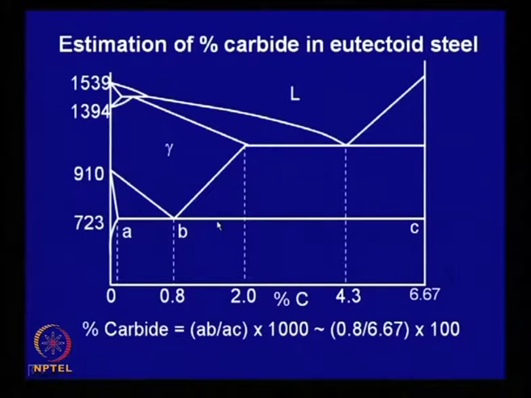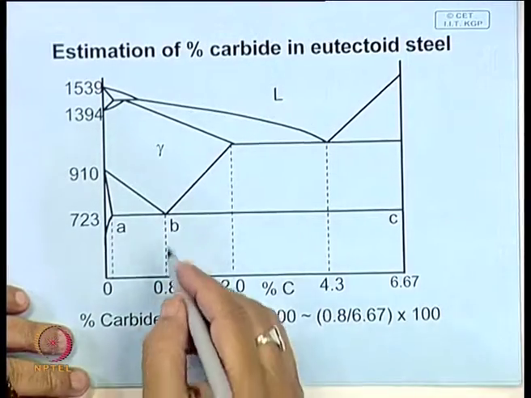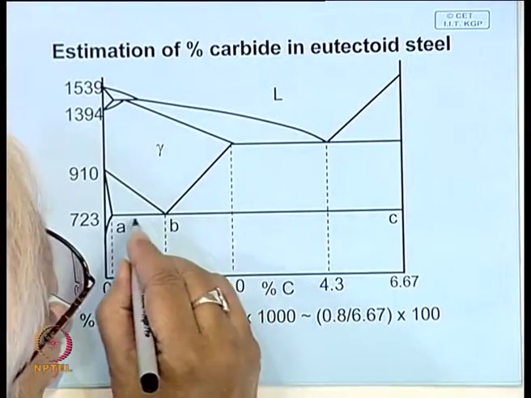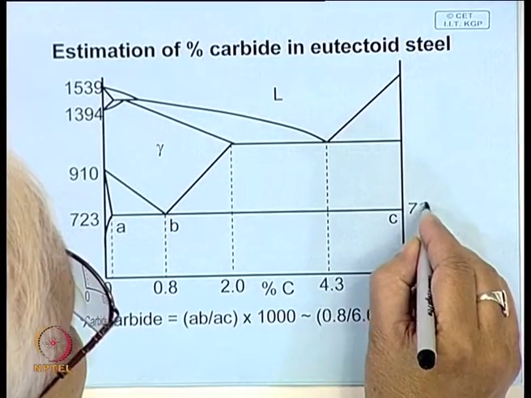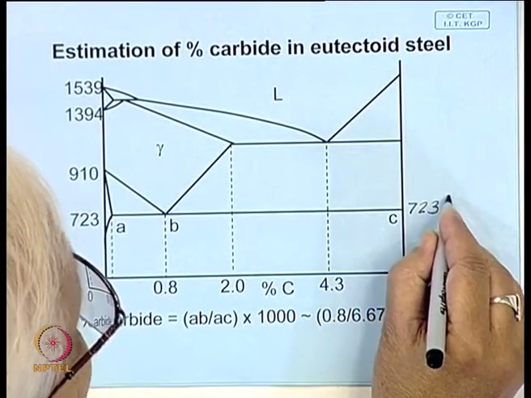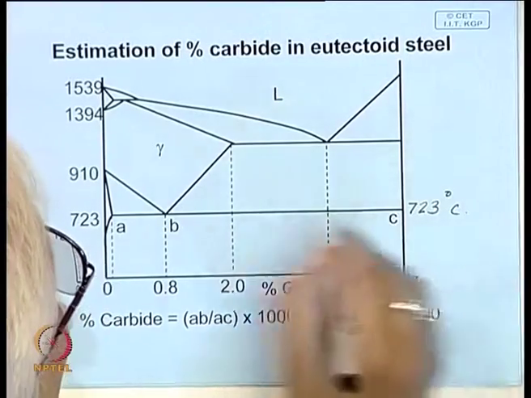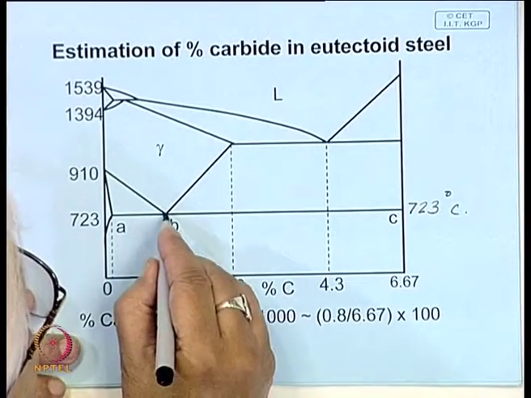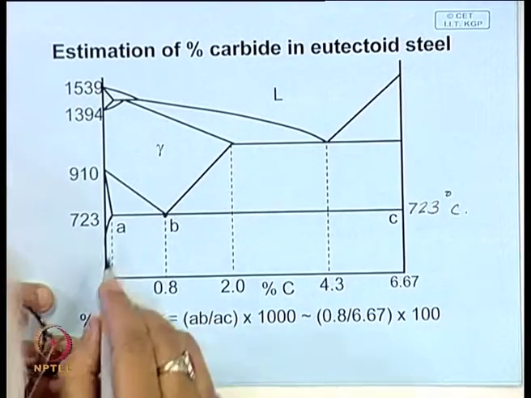Now, we have seen while discussing the phase diagram that it is possible to calculate the amount of phases which are present in the structure. Suppose once you have cooled below this eutectoid temperature, let us say 723 degree centigrade, what will be the percentage of carbide in this structure?